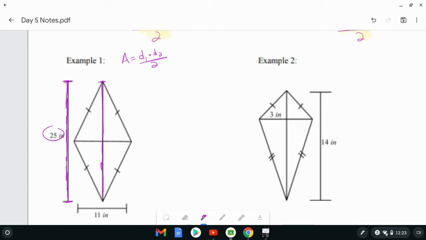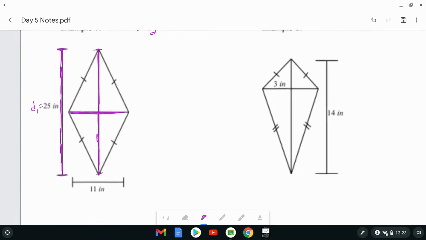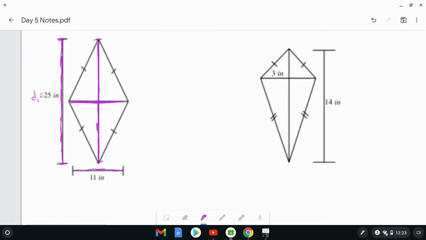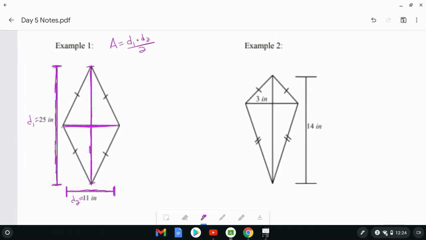You can notice that these two lengths are the same, so this is going to be D1. And the same thing here, this diagonal across, we have a little measuring stick down here at the bottom. We can tell that those are the same lengths, so diagonal number 2, we're going to measure as D2, for 11 inches.